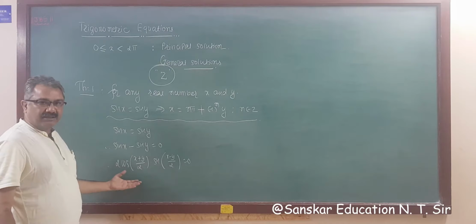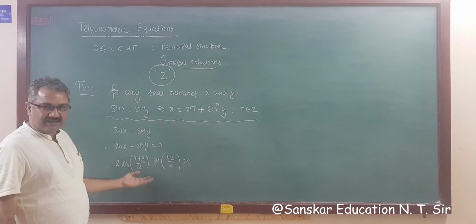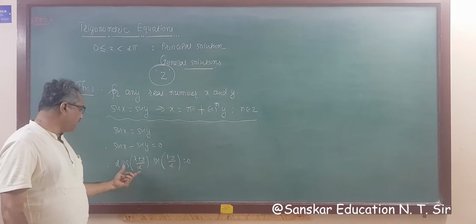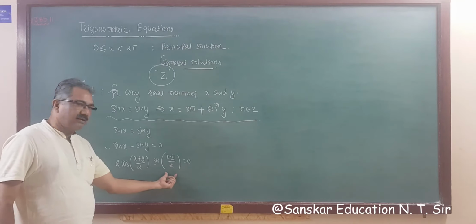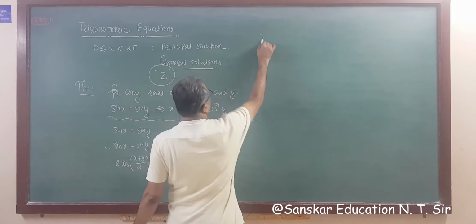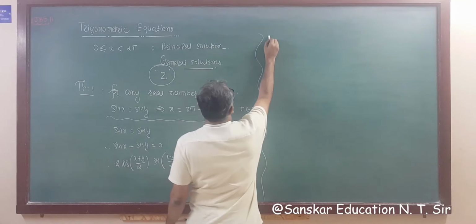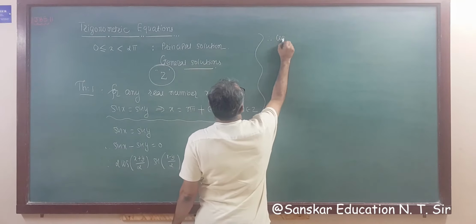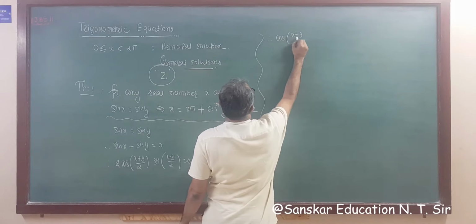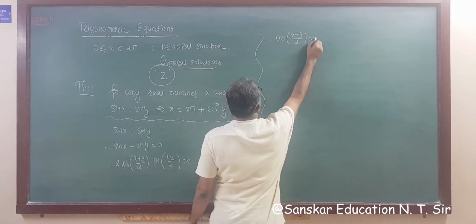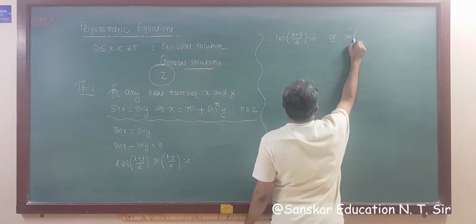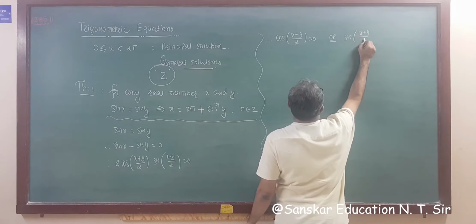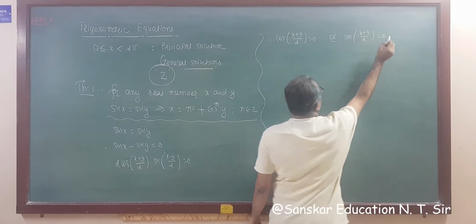We learned this in our previous lectures of trigonometry, right? Now a into b is equal to 0 means either a is 0 or b is 0. Therefore cos of (x plus y) by 2 is equal to 0 or sin of (x minus y) by 2 is equal to 0.